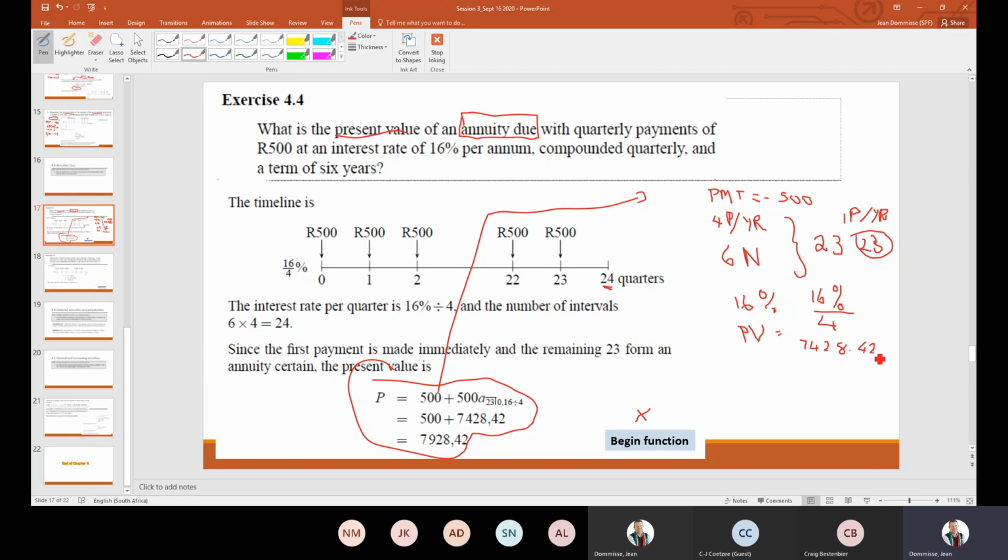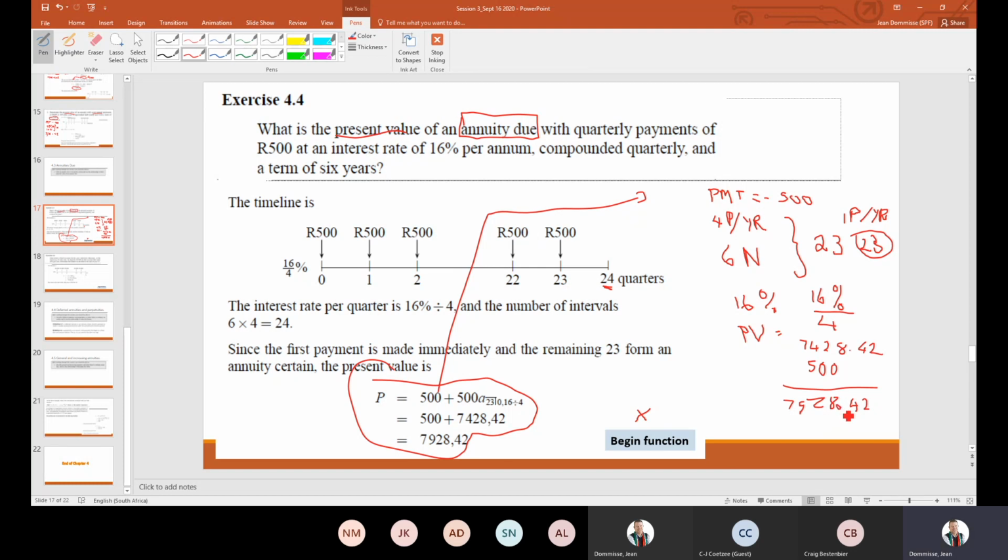And then I need to remember to add the extra 500, because it is the annuity due. And that would have given me the 7928.42. Okay, so that is the one way of doing it. I would not do it that way.